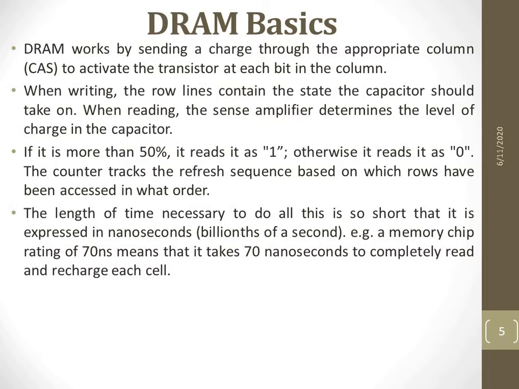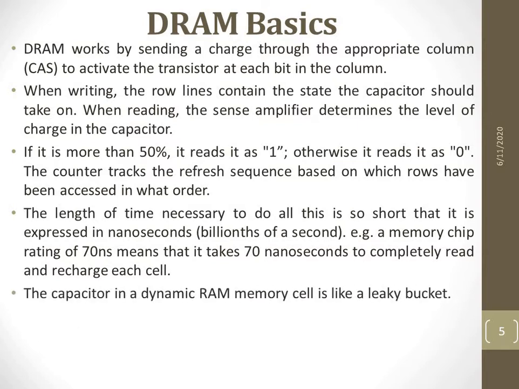For example, a memory chip rating of 70 nanoseconds means that it takes 70 nanoseconds to completely read and recharge itself. This is the meaning. The capacitor in a dynamic RAM memory cell is like a leaky bucket. You all know what happens in a leaky bucket.